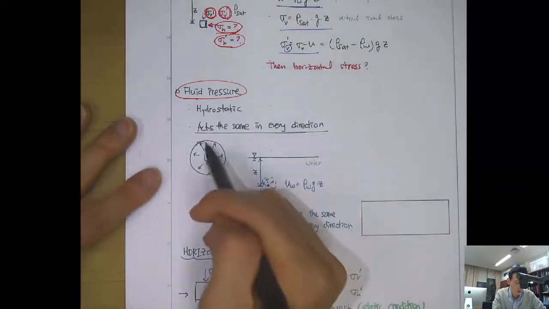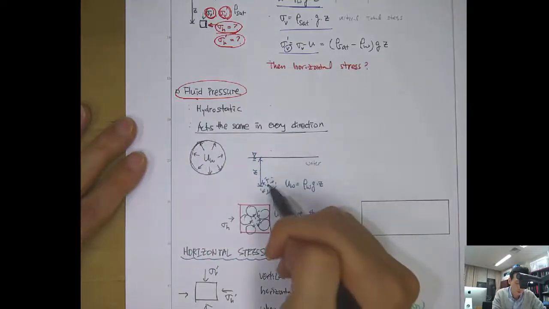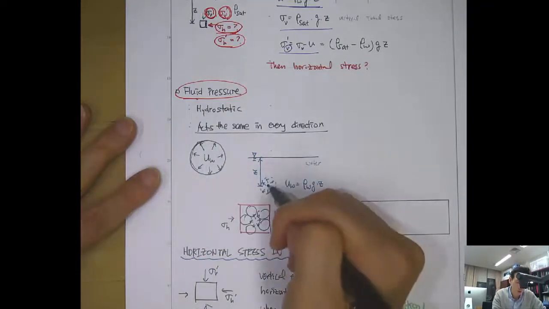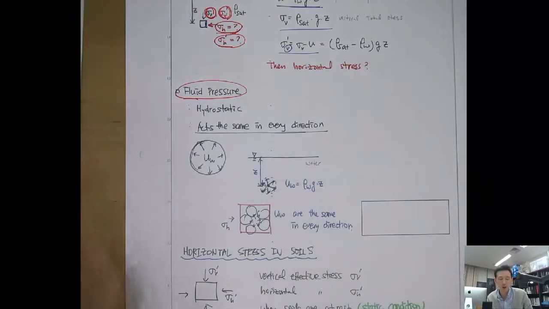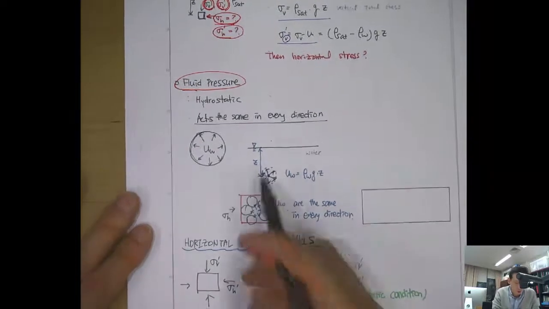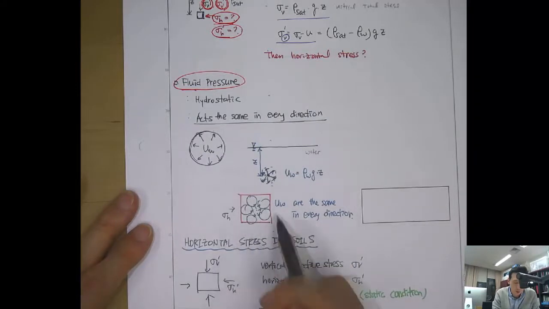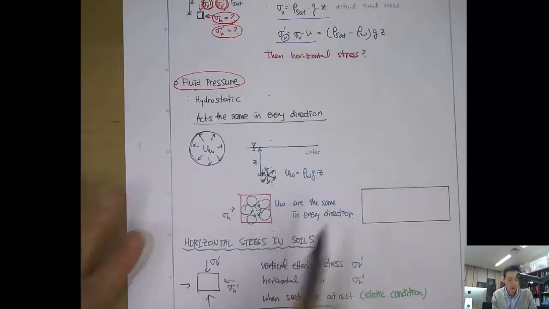So, like I said, if you have water at a certain depth, then water pressure is acting in every direction, and the magnitude of that is the same, which is U_w, and that's rho_w times g times z. So in the soil too, if you have a pore pressure, the water pressure in the pore, U or U_w, then that pressure acts in every direction.